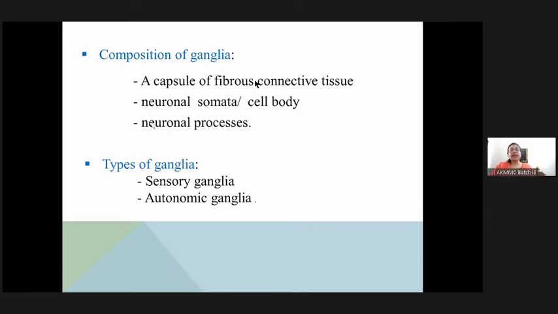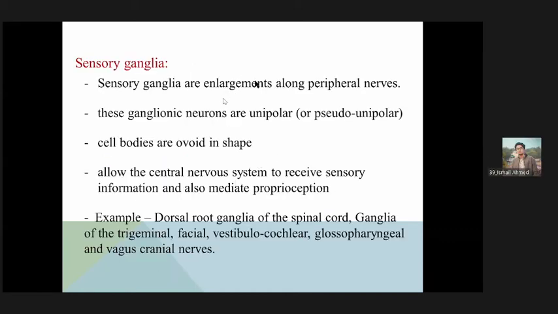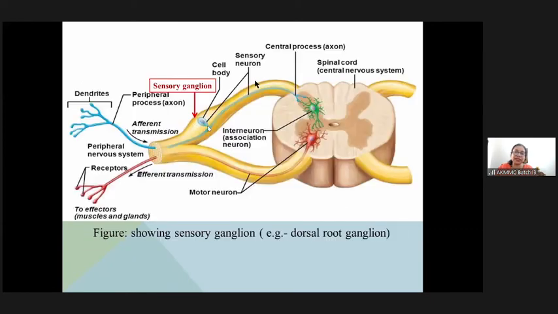Okay, ganglia. What are the types of ganglia? One is sensory ganglia, another is autonomic ganglia. Sensory ganglia, we already know. Example of sensory ganglia: dorsal root ganglia. This dorsal root ganglia is part of the peripheral nervous system, isn't it? What type of neuron is present here?